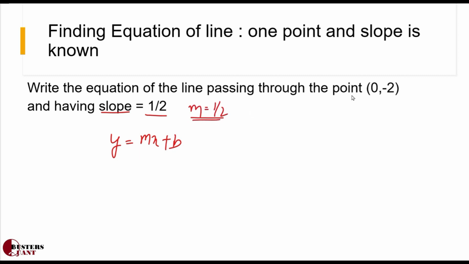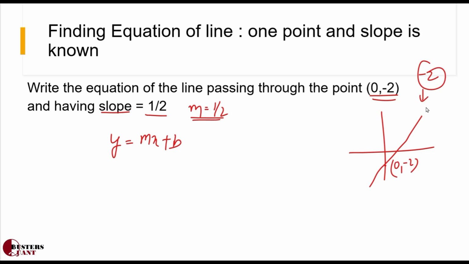Now what is this point (0, -2)? It means the line is passing through 0 and -2. So -2 is nothing but the y-intercept. So the equation of the line will be y = x/2 - 2.